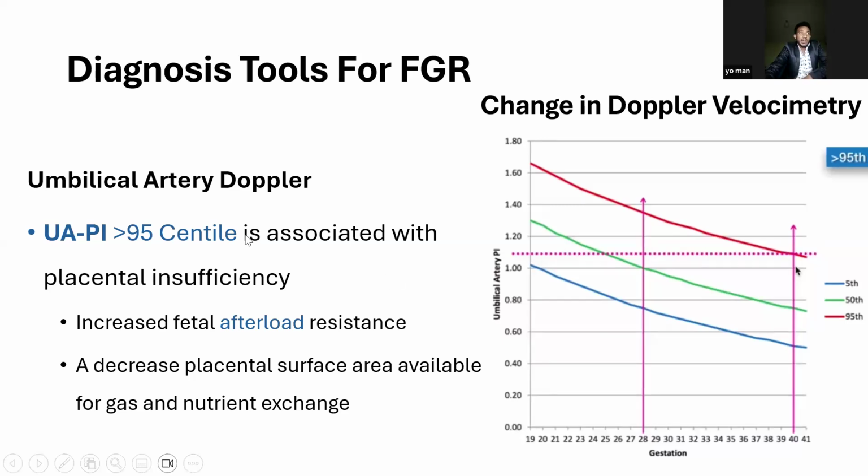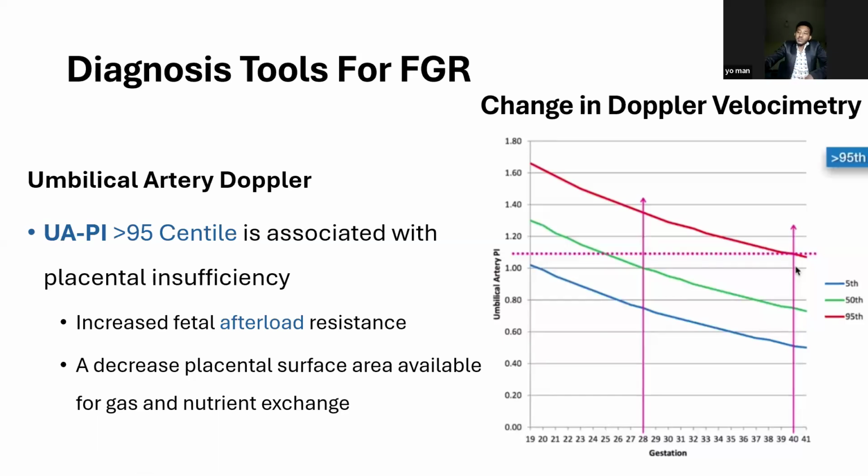If the PI is greater than the 95th centile, it's associated with placental insufficiency. It indicates increased fetal afterload resistance and a decreased placental surface area available for gas and nutrient exchange. And the graph is here. The red indicates the 95th percentile, the other is the 50th, and the 5th percentile is illustrated here.